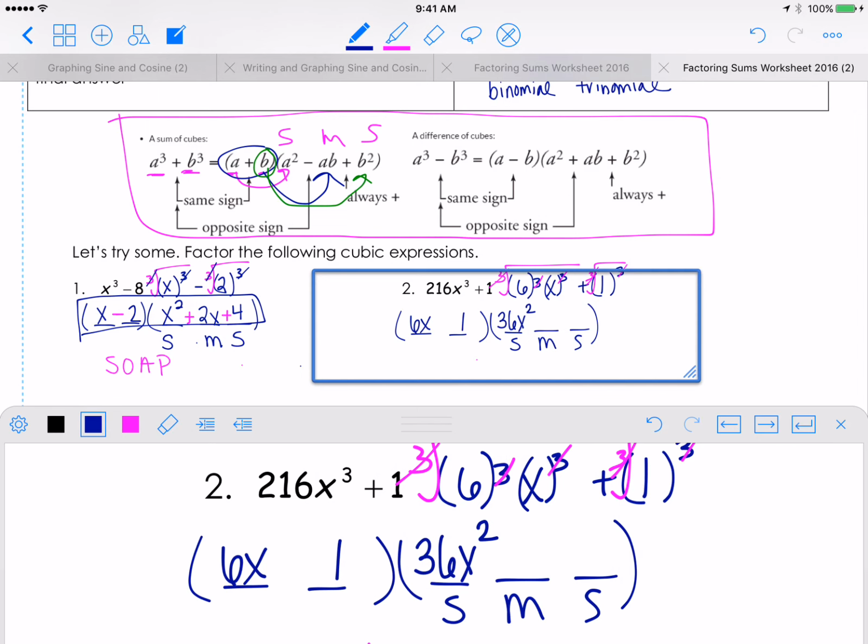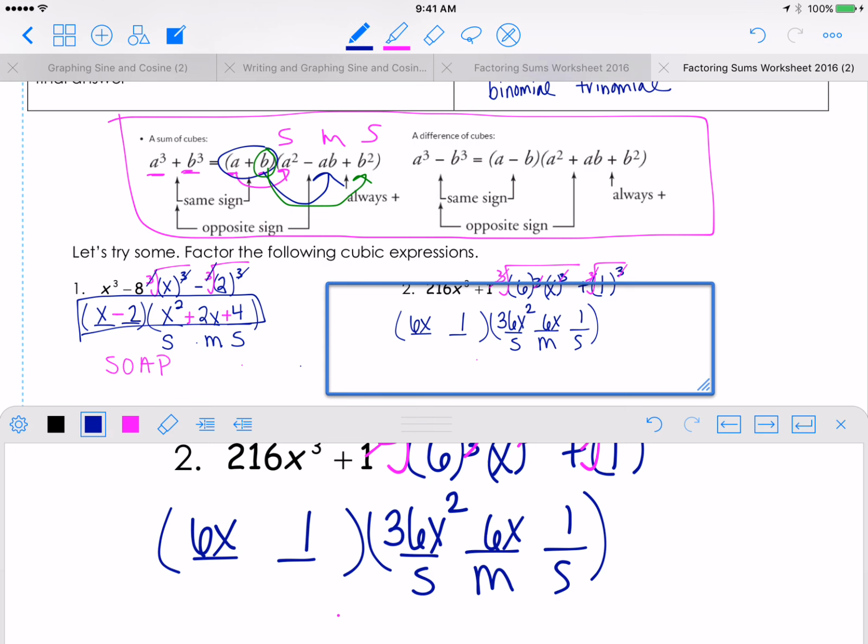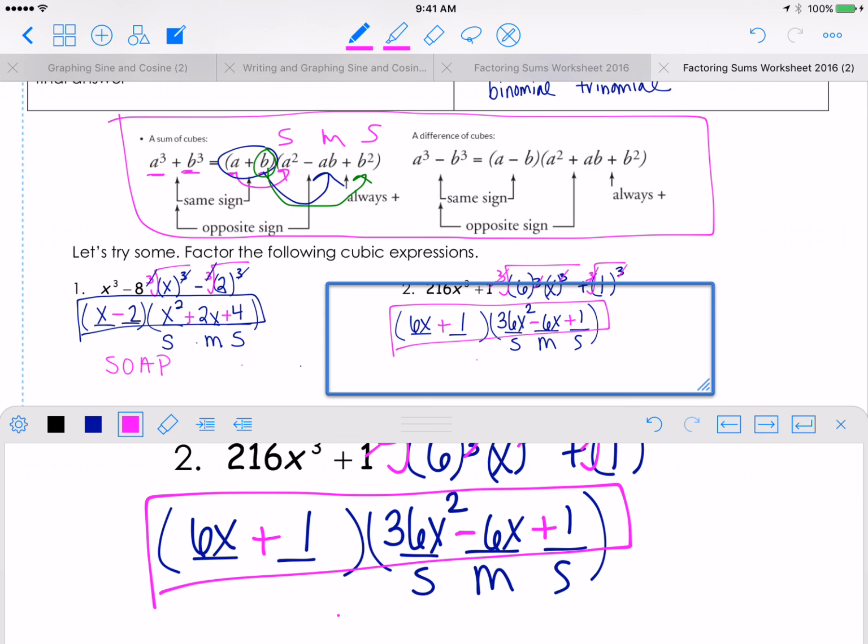Now we need to multiply the 2 terms in the middle. 6x times 1 is going to give us 6x. Then we need to square the second term. So 1 squared is 1. So SOAP, we do same, which is positive, opposite, which is going to give us negative, always positive. And then there is our factor.